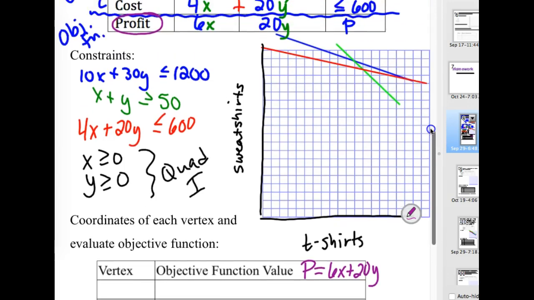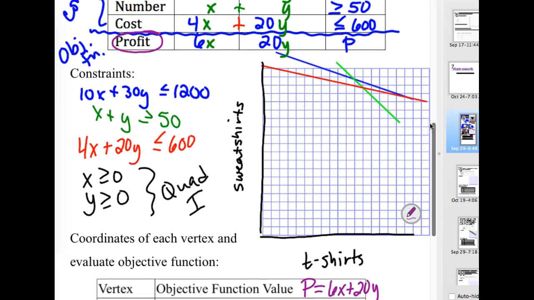All right, so we need to get all of these constraints graphed. Before we start plotting any points, I would strongly recommend that you figure out your x and y intercepts for each equation so that you can tell how to space out your graph. Okay, we don't want it to be super tiny because we're not going to be able to read it. So for our blue line, it's in standard form, so we're going to do our intercept method for graphing.